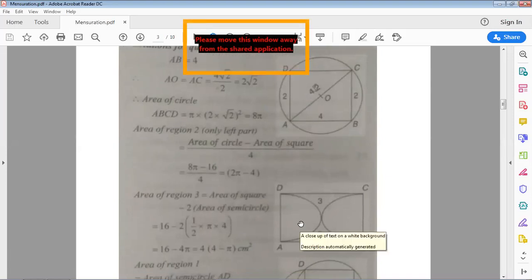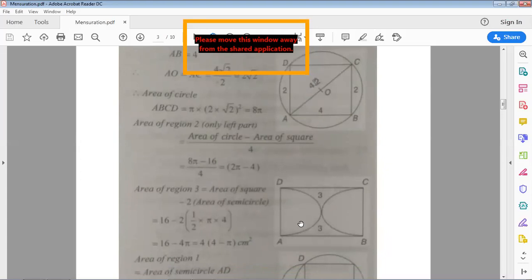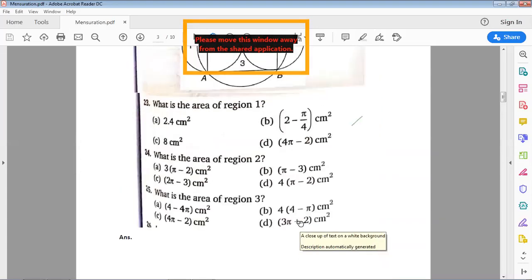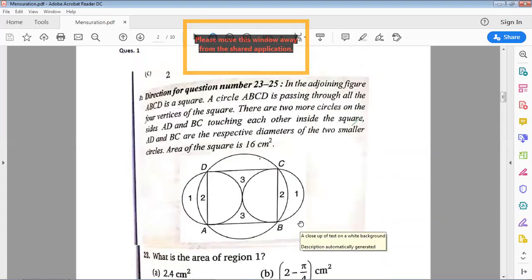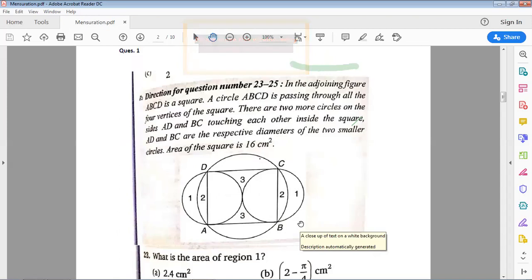Now we know the area of the semicircle of region 1. We have now calculated the second area. Now our task is to calculate the area of region 1. How can we do it?